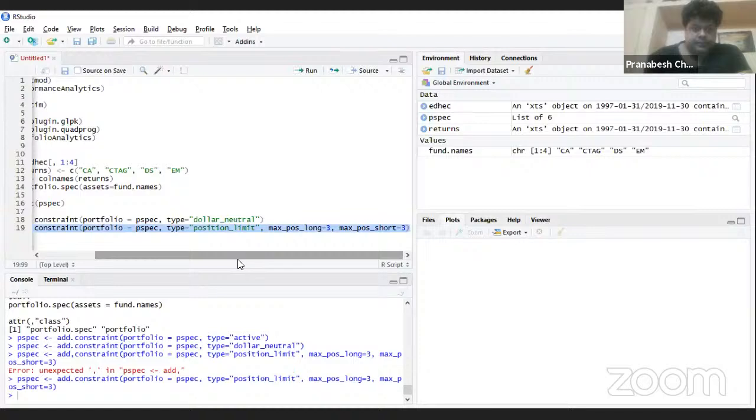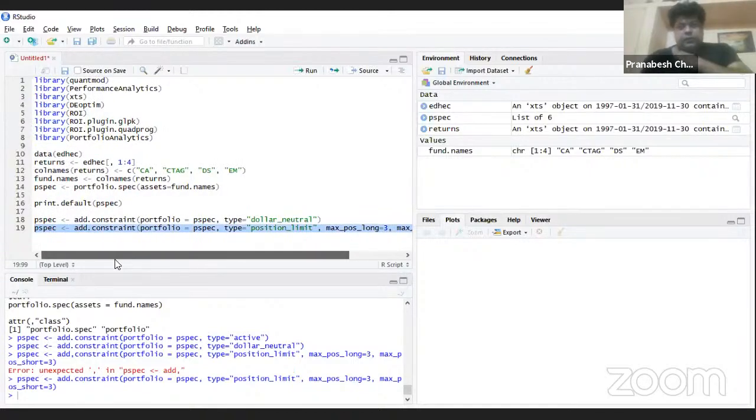Yeah. So pspec now has all these values, right? Let's go to another constraint that we have. There is a diversification constraint, right?